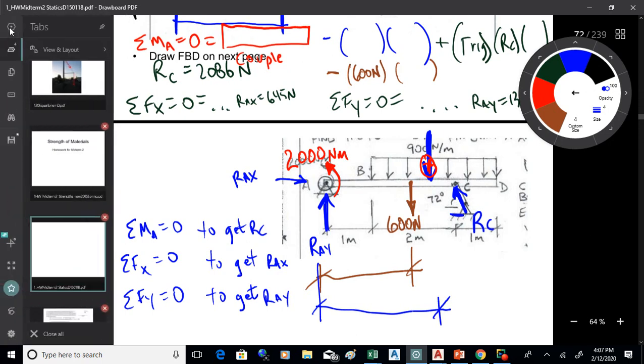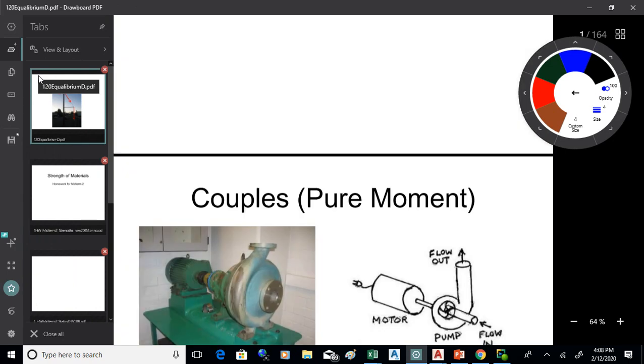All right, why don't we look a little bit more at these moments, these equilibrium problems. Let's just spend a little bit more time with those, okay?